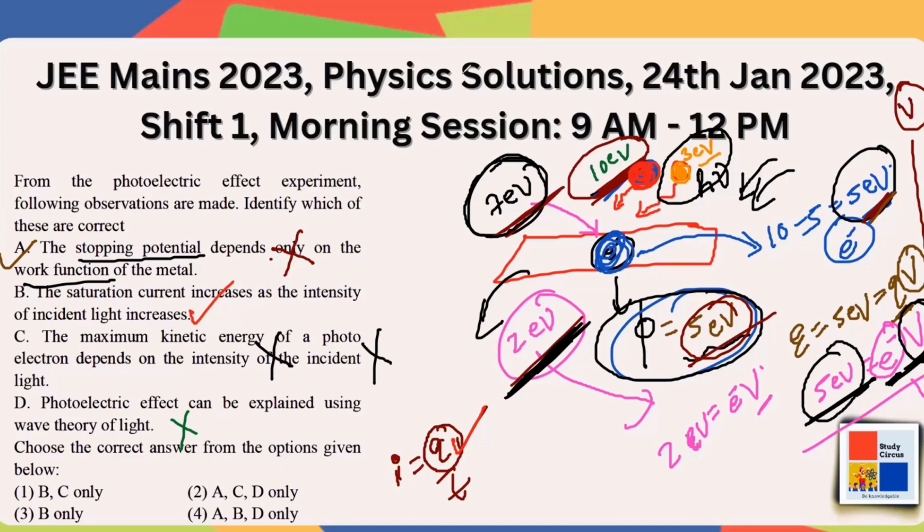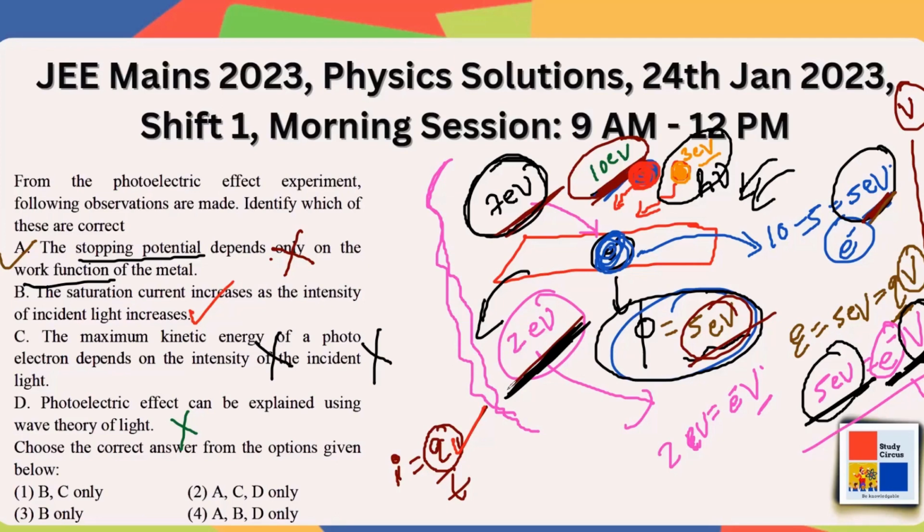Had the explanation been based on wave theory, there was a possibility that two waves would come and hit one electron simultaneously. So in that case, everything that we talked about here will not be true. Yes, this discussion is true only if we treat light as small particles of energy, energy packets called photons.